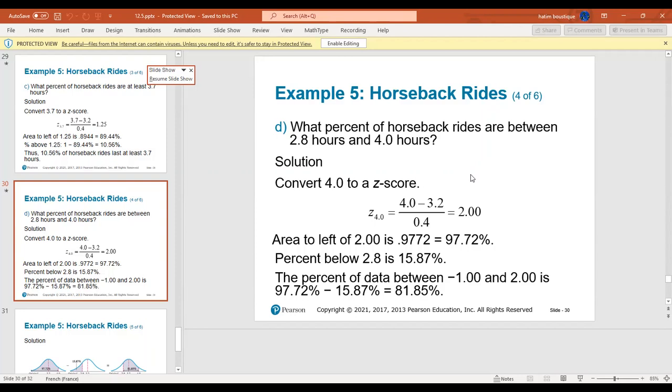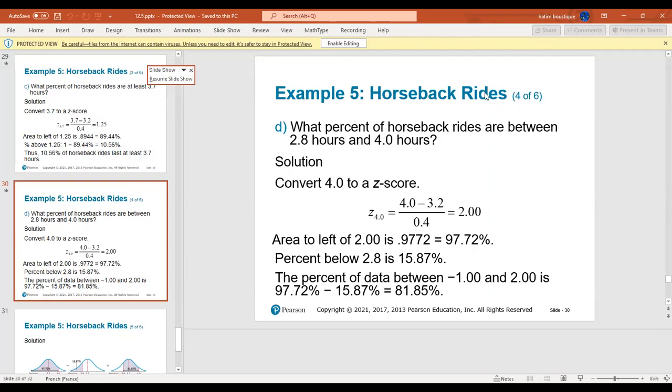I think the best way to do this is to find the probability of the durations bigger than 2.8, write it down, then find the probability of the durations that are less than 4.0, write it down, and take the difference between the two, and we are all done.